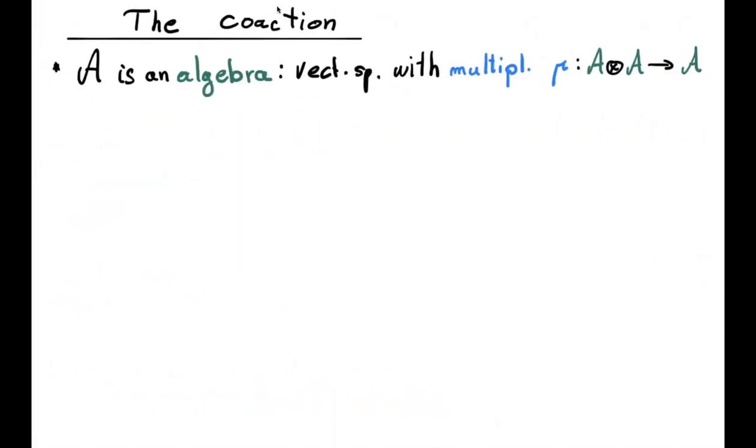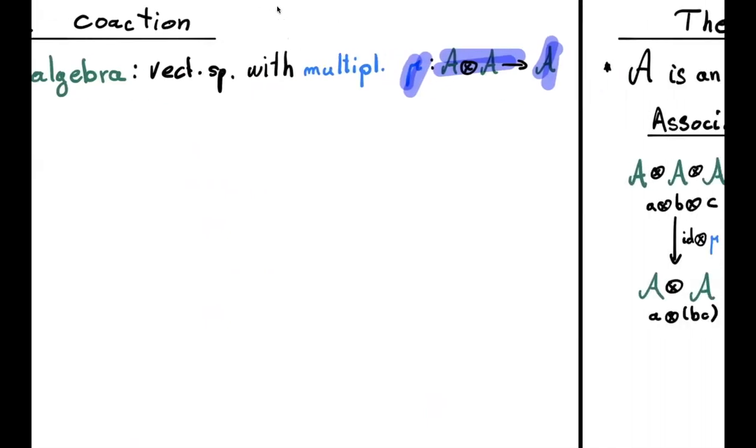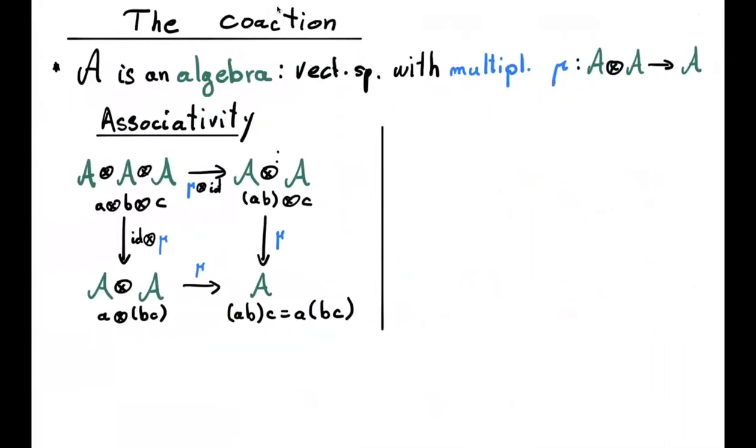But there's more structure. And to understand it, let's first elaborate a bit on this idea of an algebra. So first of all, an algebra, I guess you all know what it is. It's a vector space with a multiplication. And I think of a multiplication now as a map mu, which is linear. It goes from A tensor A. So if you don't know the exact definition of a tensor product, think of it as pairs, and it returns an element in A. So I take a pair of elements in A and I return an element in A. But of course, not in a random way, but I want it to be associative.